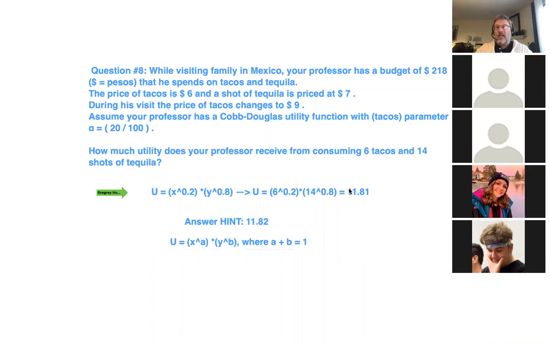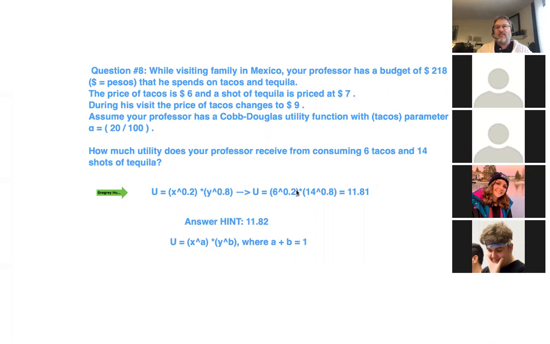This 11.81 is your utility for consuming that combination of tacos and tequila. So if we put in a different A and B and the same 6 and 14, we'll get a different number out.